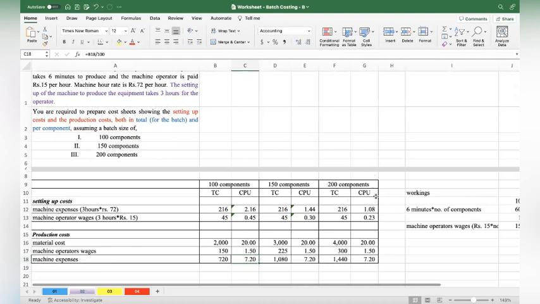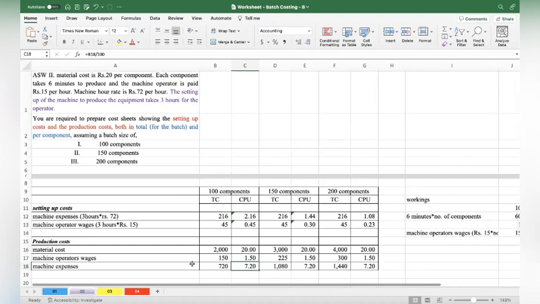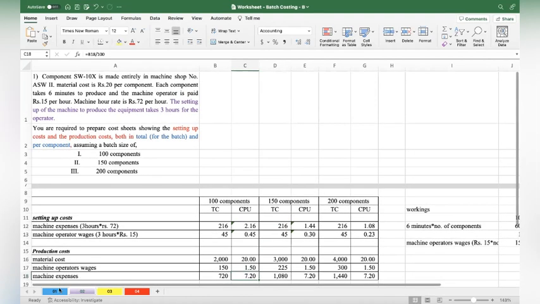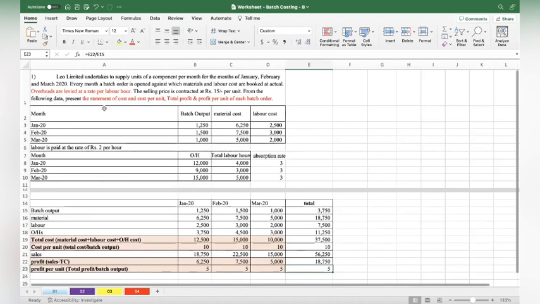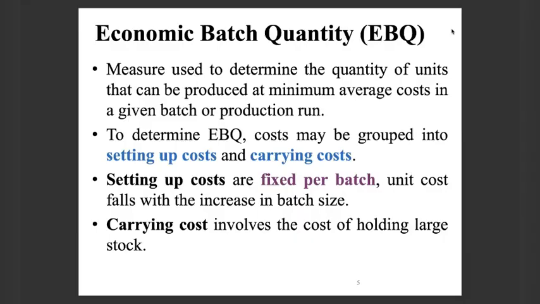Third batch had 300 components. So we've prepared the cost sheet here. This is our second question. So in the first question, we prepared the statement of cost. We found out the cost per unit, total profit, and profit per unit for different months, right? For different months, they consisted of different batch outputs, batch quantity, right?